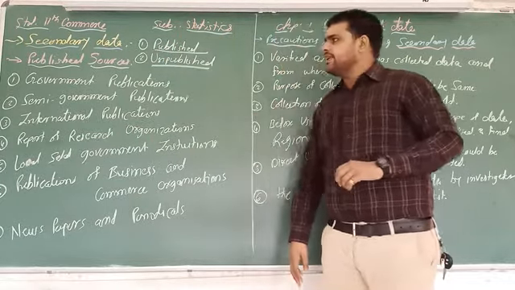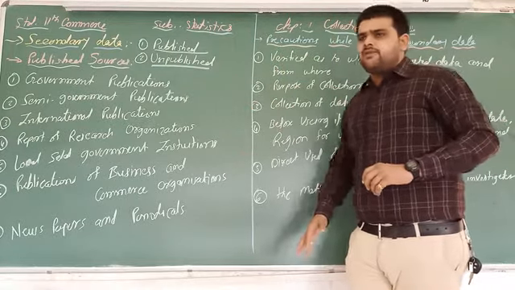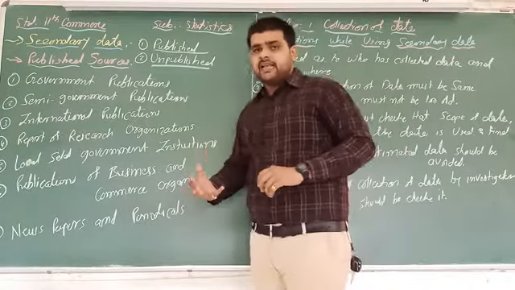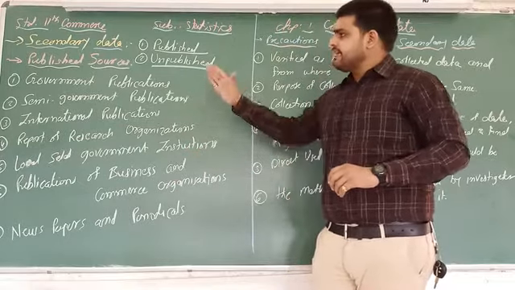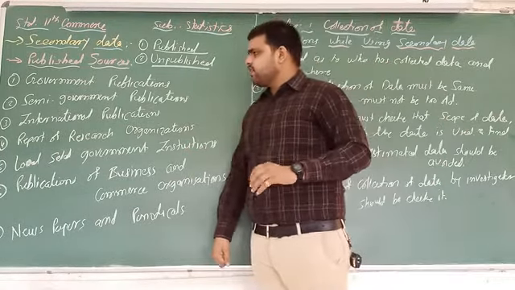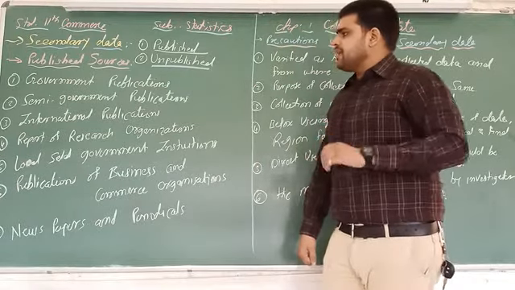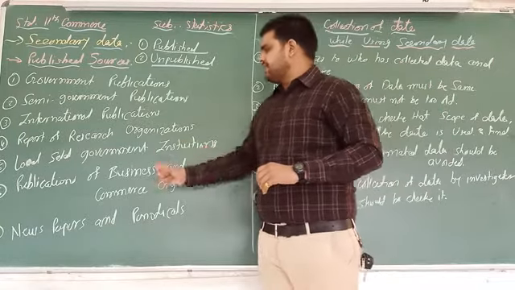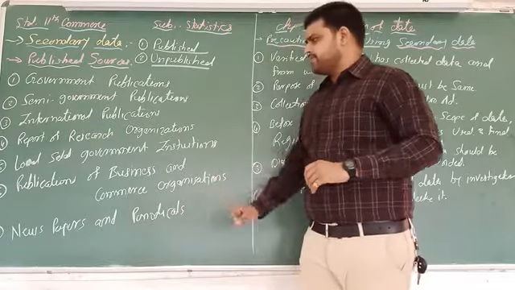Now next, the source of published data. It means where we collect the published data. Here various types of sources are there. There are 7 sources. Number one, government publications. Number two, semi-government publications. Number three, international publications. Number four, reports of research organizations. Number 5, local self-government institutes.